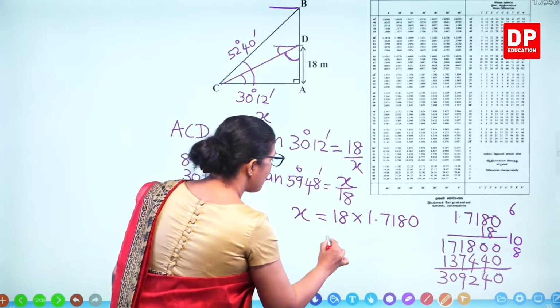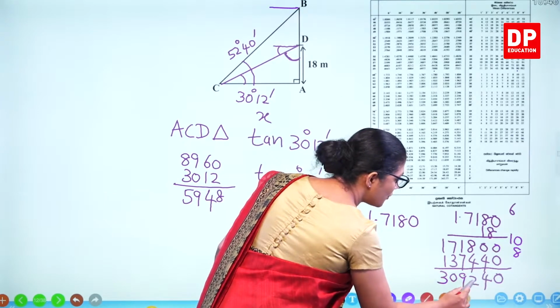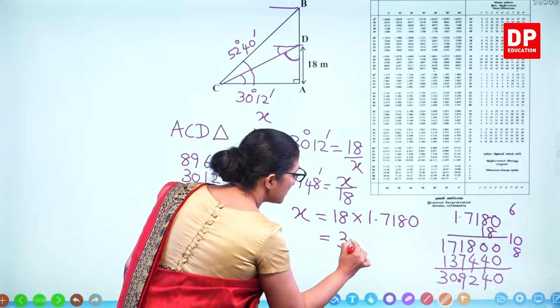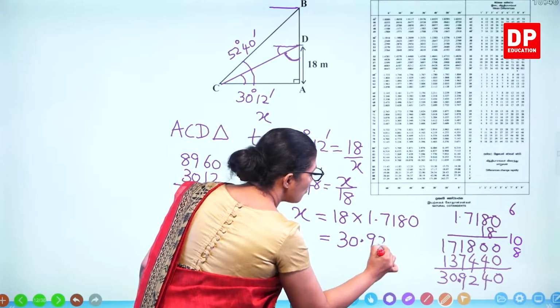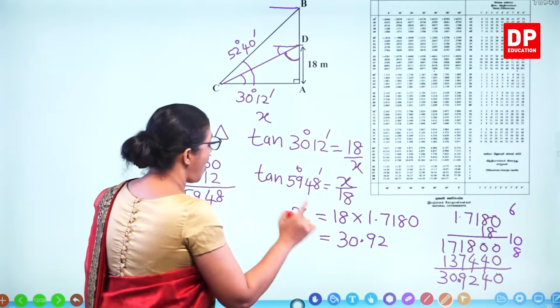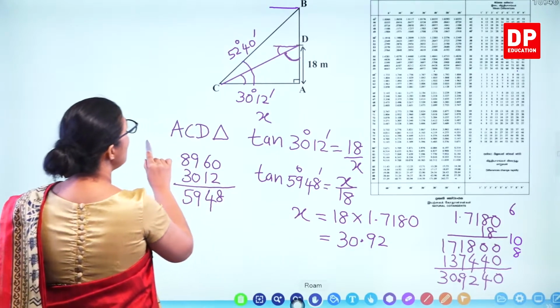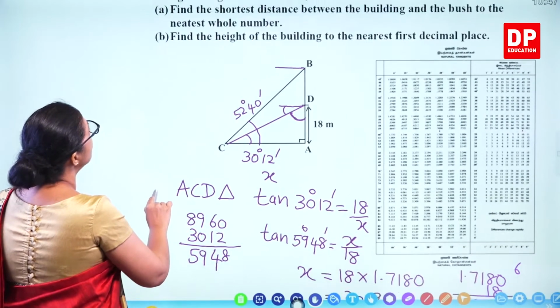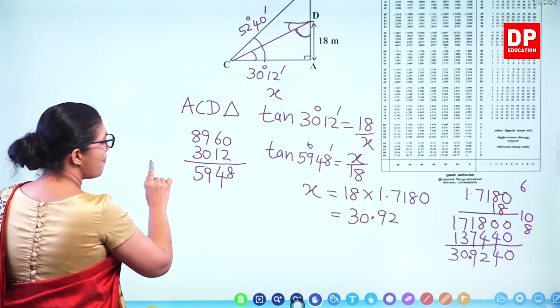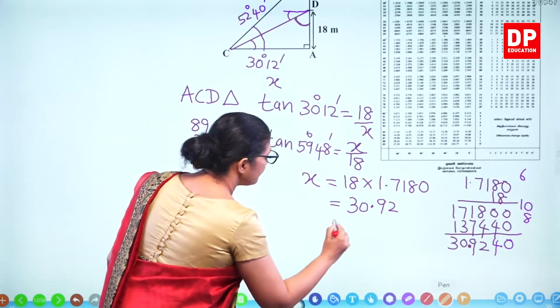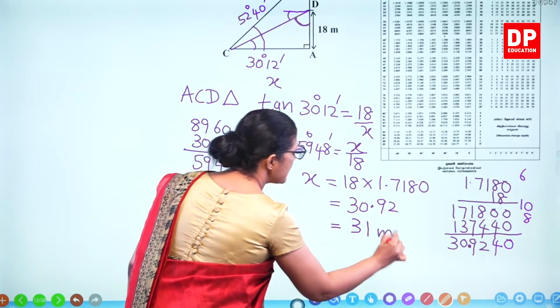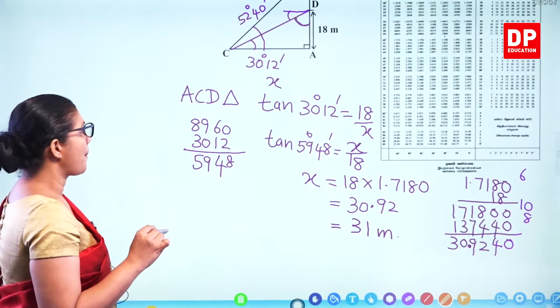This number has 4 decimal places: 1, 2, 3, 4. So 30.92. And you are asked to write down the value to the nearest whole number. Nearest whole number, that's 31 meters is the answer.